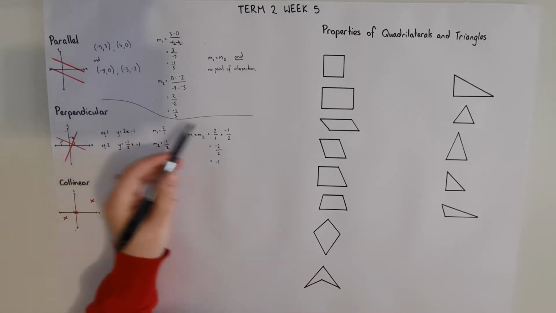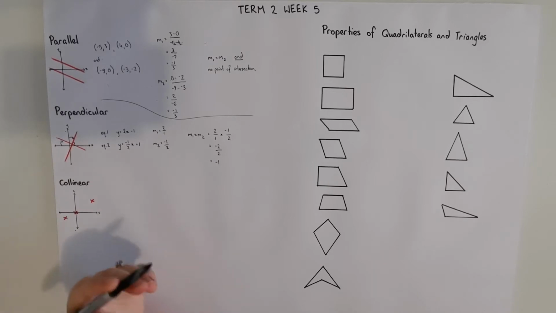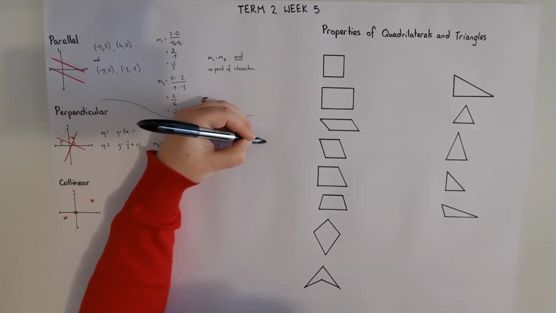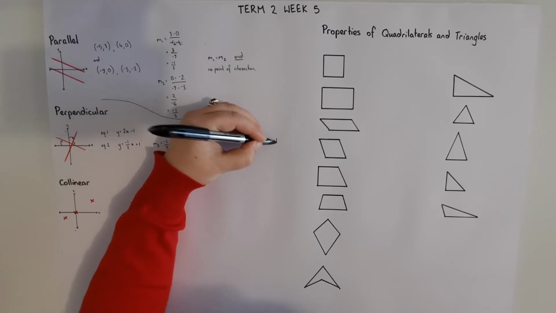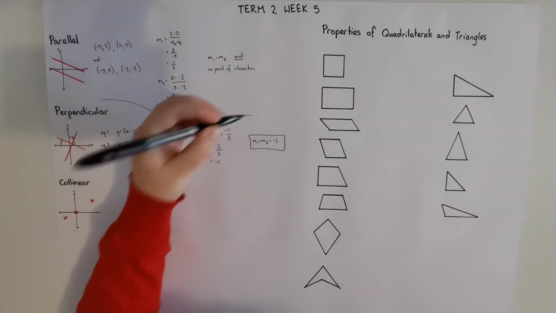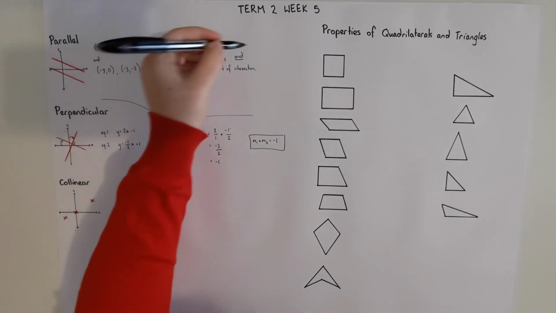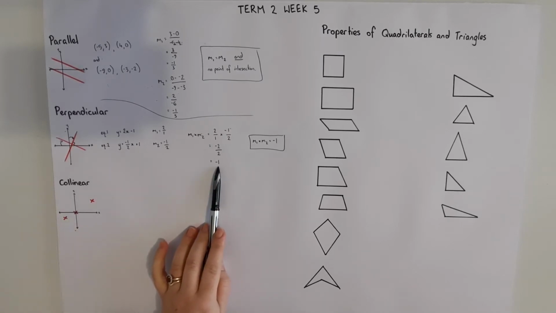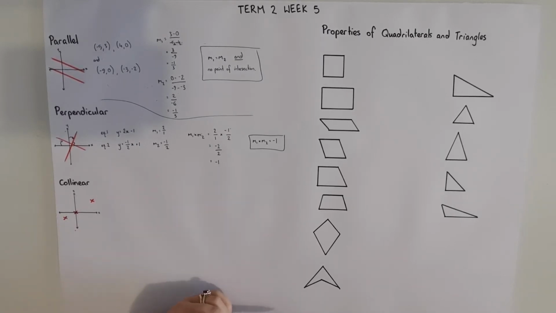Every single time you have perpendicular lines, those two gradients, whatever you call them, will multiply to negative 1. If they do not multiply to negative 1, they simply aren't perpendicular. They are the negative reciprocal of each other.